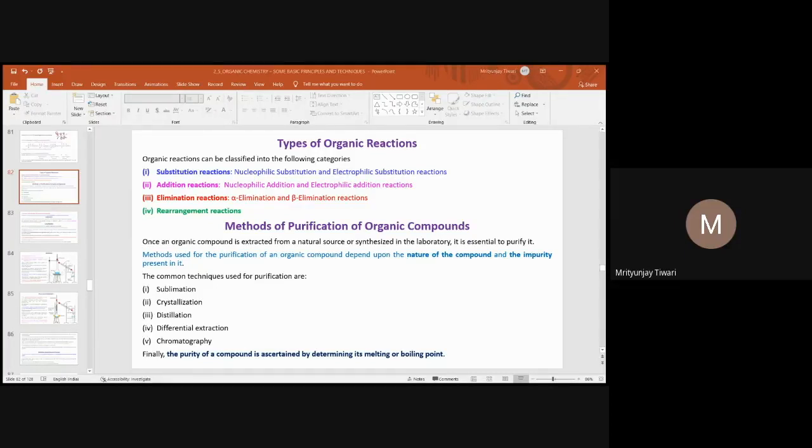This method is used when we obtain the organic compound in the aqueous phase, for example while doing distillation or heating a reaction mixture in water or an aqueous solution.